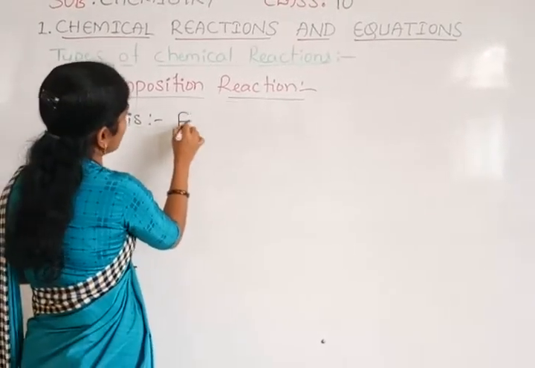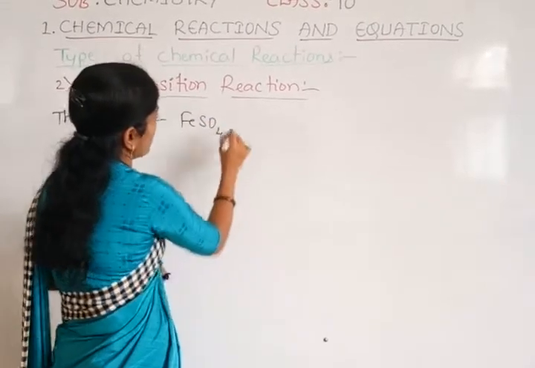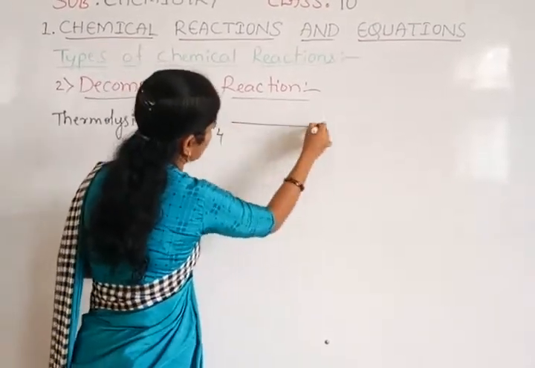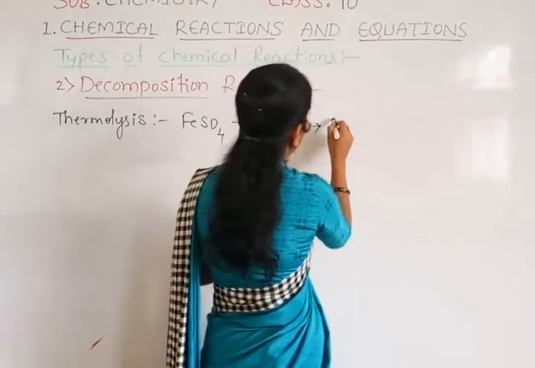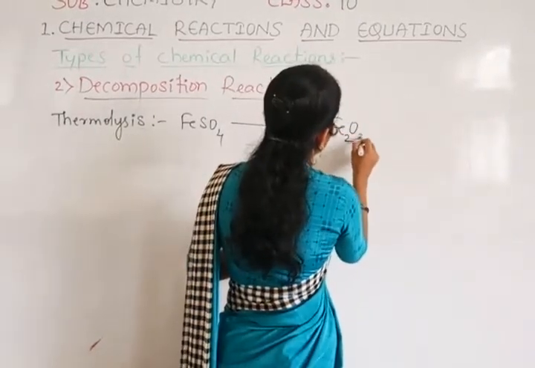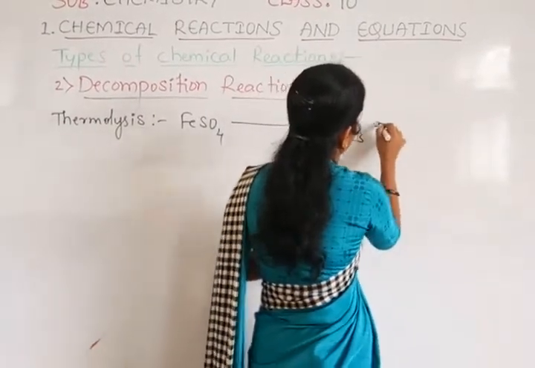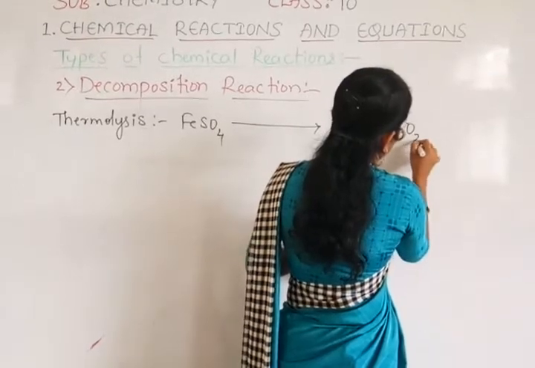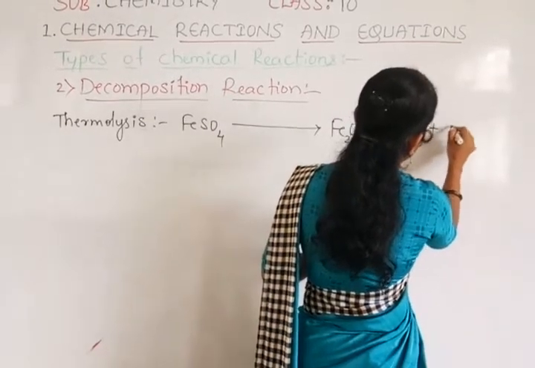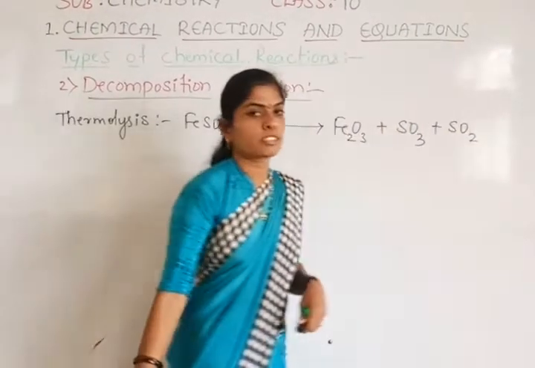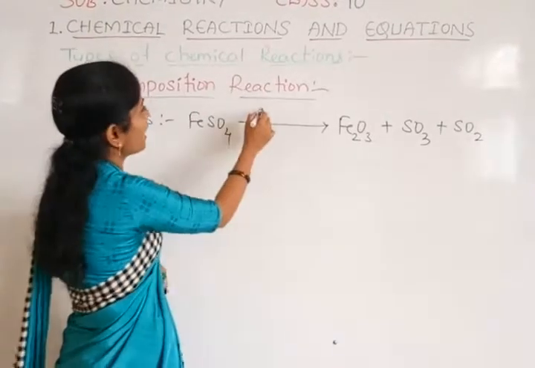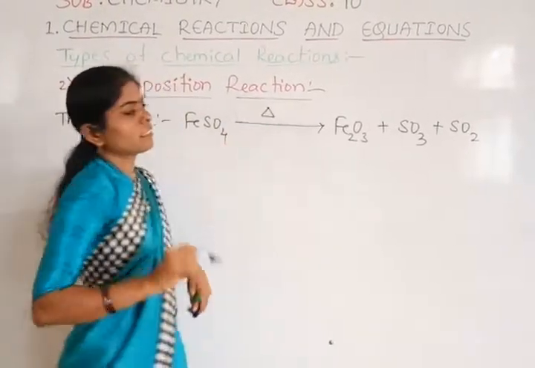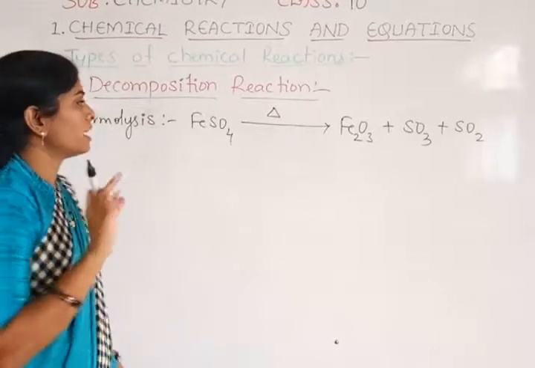When ferrous sulfate is heated, then it forms ferric oxide, sulfur trioxide and sulfur dioxide. So there it will take the heat, it absorbs the heat.